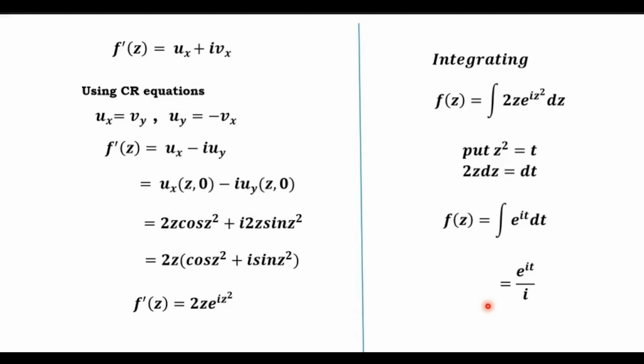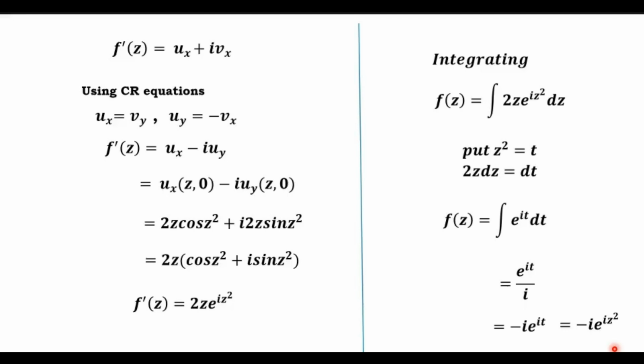Yes, 1 upon i को मैंने अगर minus i upon minus i से किया तो minus i upon i square, minus i square, that will become minus i. तो 1 upon i is minus i e raised to it. लेकिन मैंने t को, you have to replace now t in terms of z square. So I will get minus i e raised to i z square.